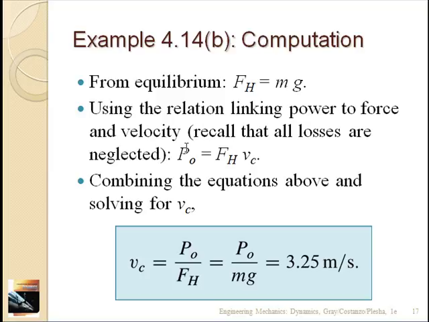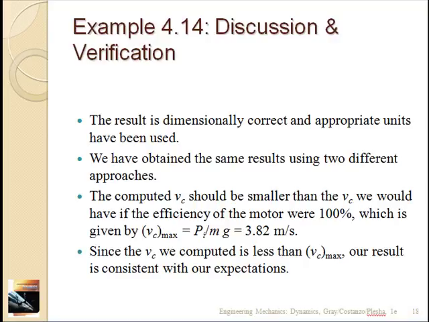So the output power of the motor is FH times the crate velocity, and we get 3.25 meters per second. So you can kind of do this either way. You can do it focusing on the motor side of the rope or on the crate itself, and either way you get the same speed, 3.25 meters per second.